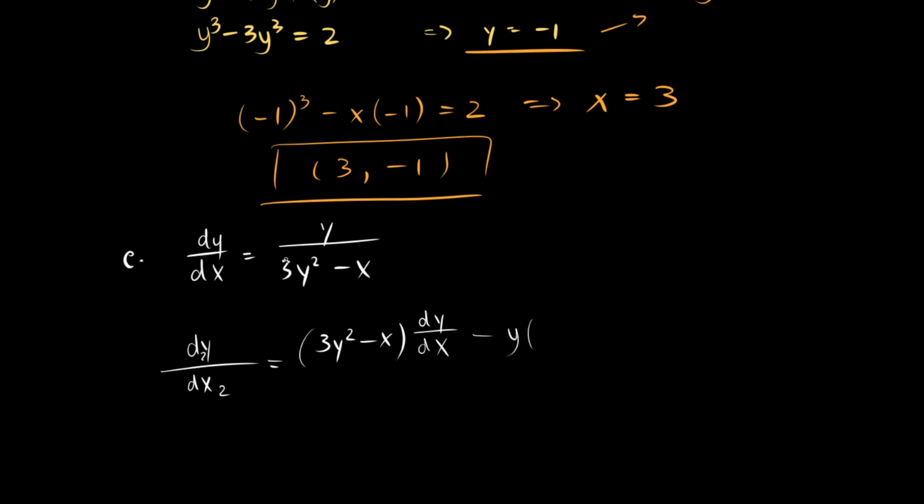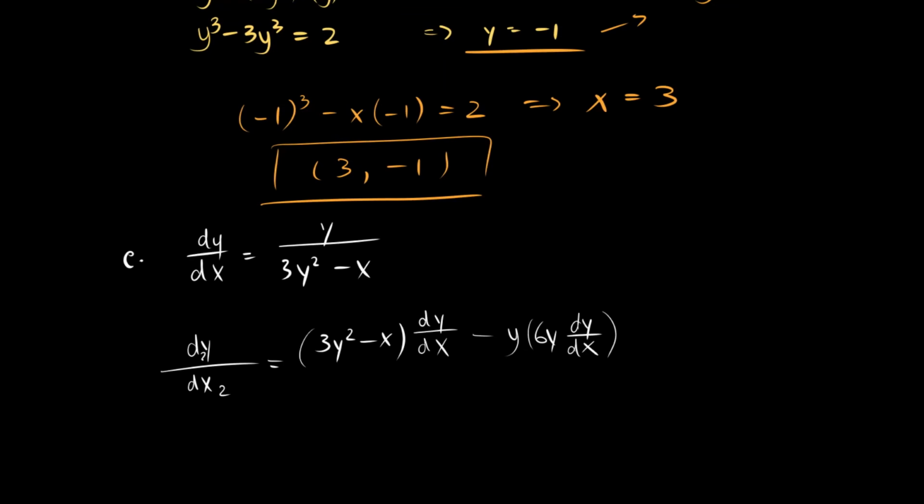So to find the derivative of this term, 3y squared, we'd use the chain rule. So first we take the derivative of the function on the outside. This is 6y, and then we take the derivative of the function on the inside, which is a y. So the derivative of y with respect to dx is dy dx.